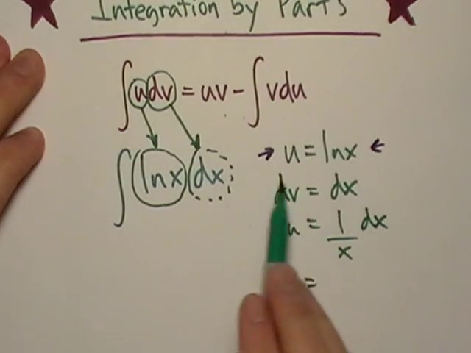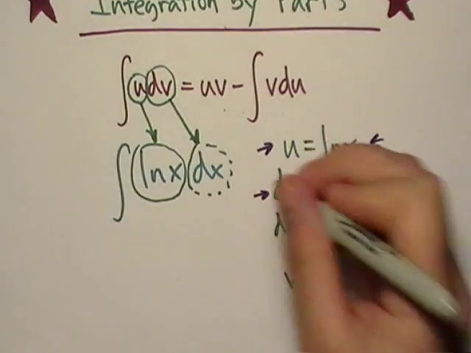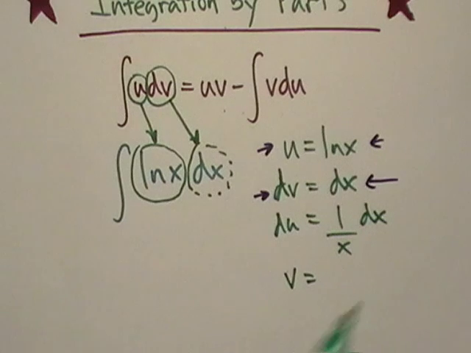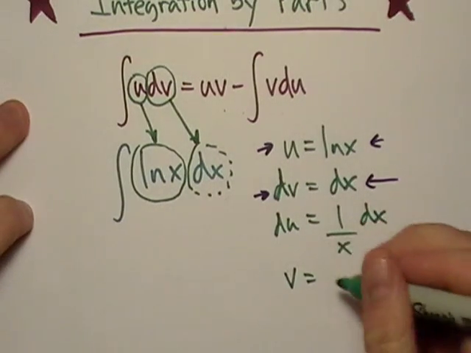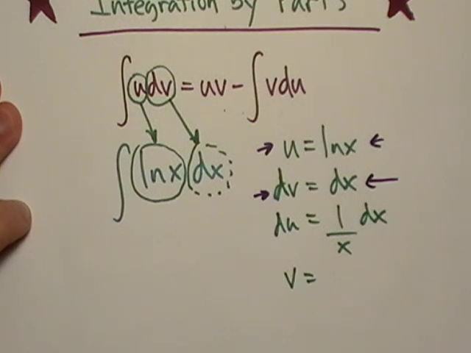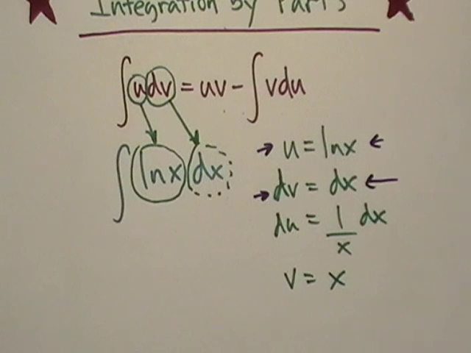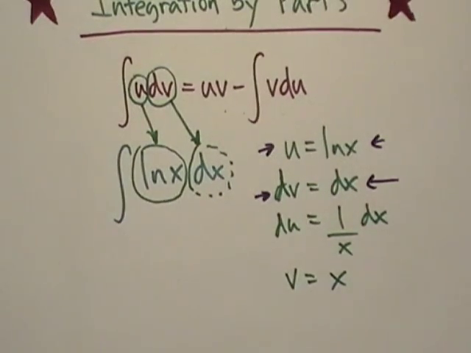If I take the integral of this guy, I get v. And this one's pretty easy to do. We can do this in our head. This is x. Plus c, but we're not going to worry about that right now.